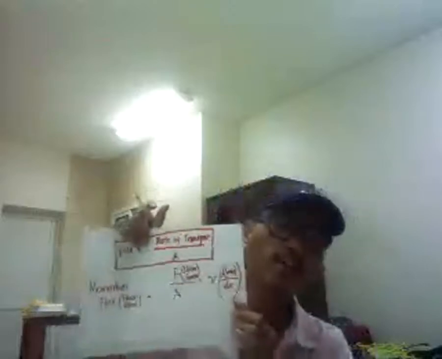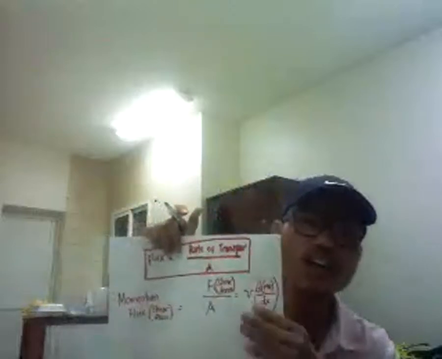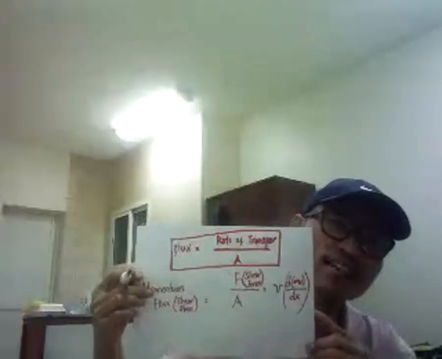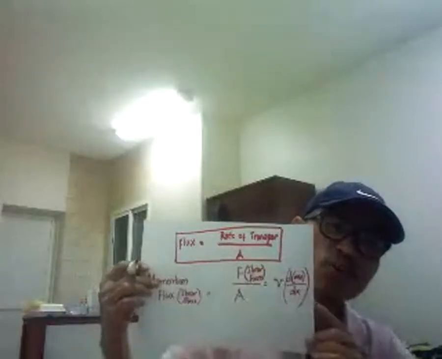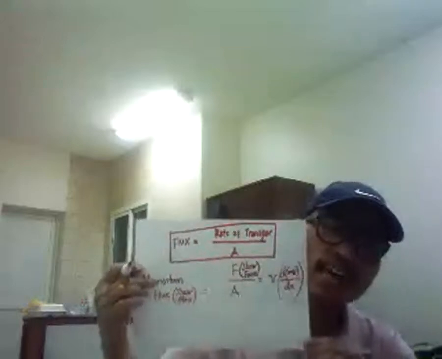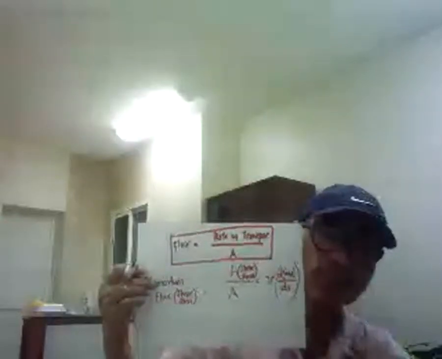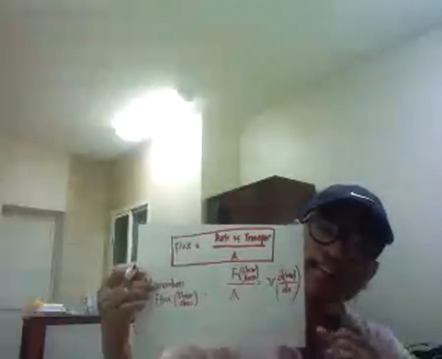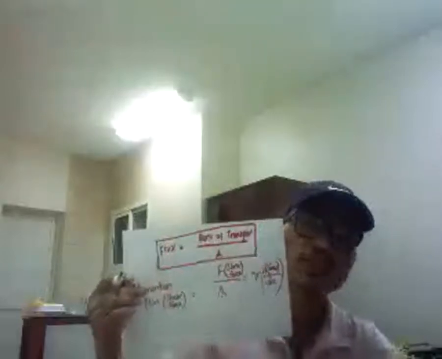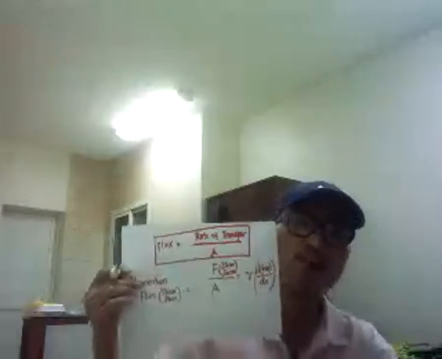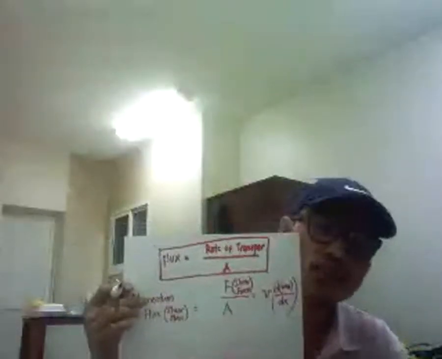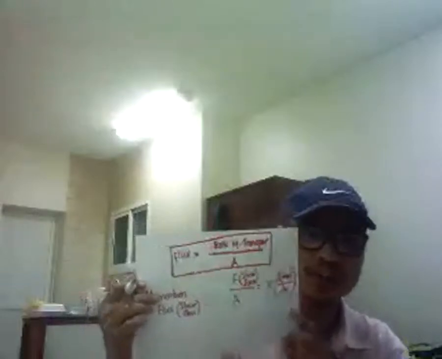x is a horizontal position. As we can remember in our algebra, there is always a y-axis and an x-axis. But in transport phenomena, our dx should always be in a horizontal position, but our y-axis will vary in each transfer. That could either be a momentum transfer, a heat transfer, or a mass transfer.